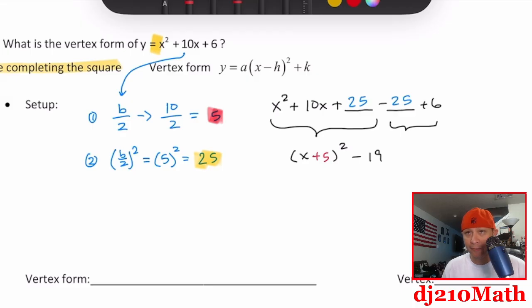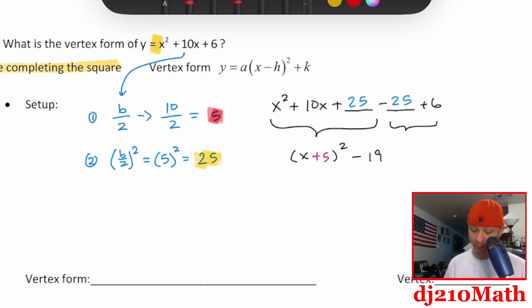So take half of b. First off, there needs to be a 1 in front of x squared. Then take half of b. Put that on the back burner because I know I'm going to need that number later. We square it. We came up with 25. That's the number that you add and subtract from the original equation. The first three terms, and it's always plus first, are guaranteed to factor into whatever the number is that you got when you took half of b.